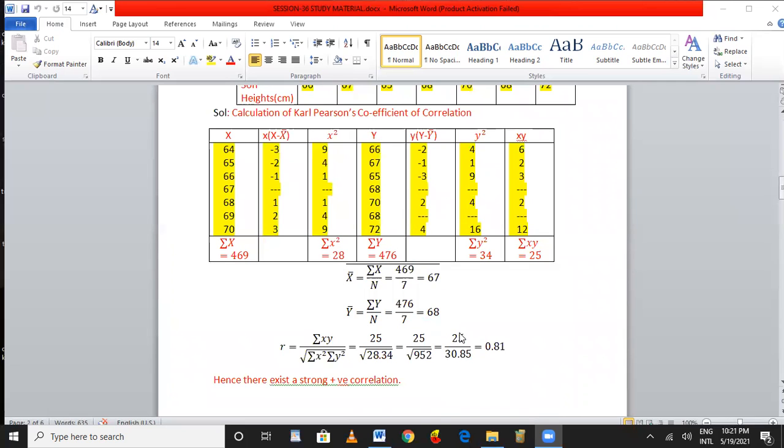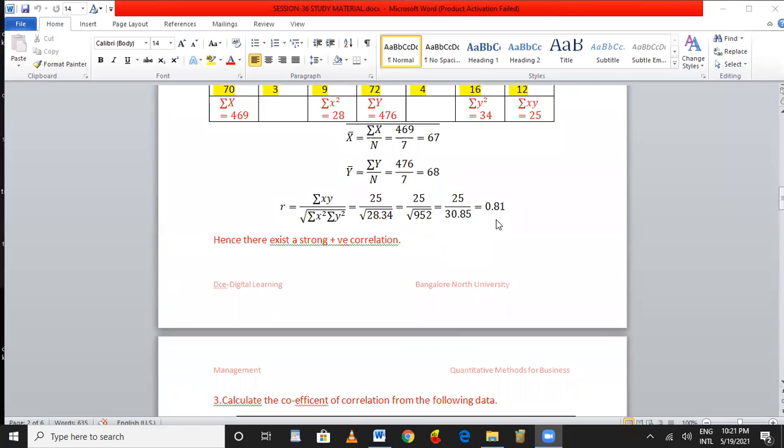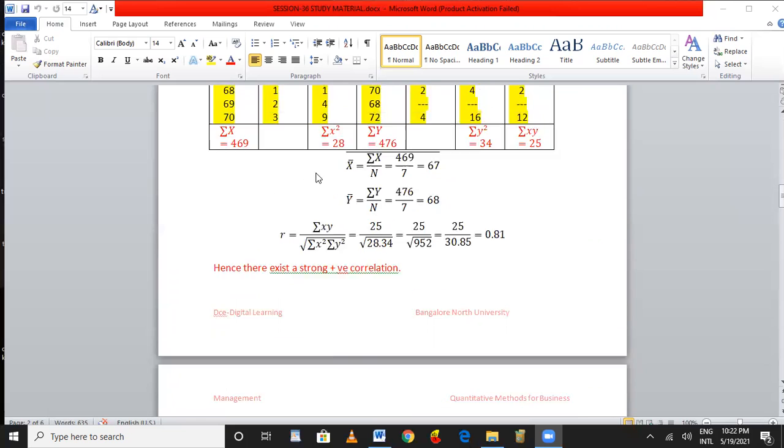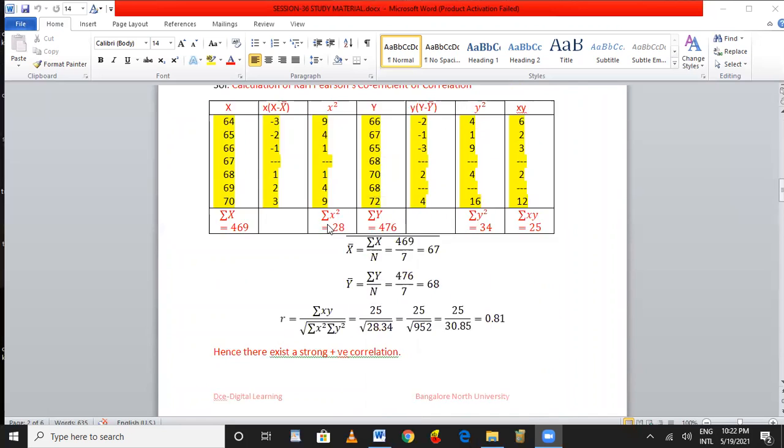The correlation coefficient between the father's side and the son's side comes to 0.81. Hence, there exists a strong positive correlation between the two series, father's heights and son's heights.